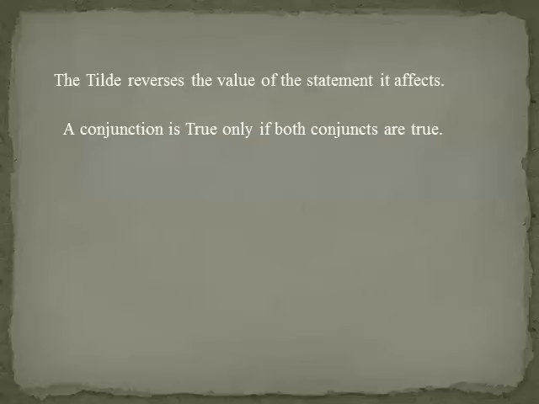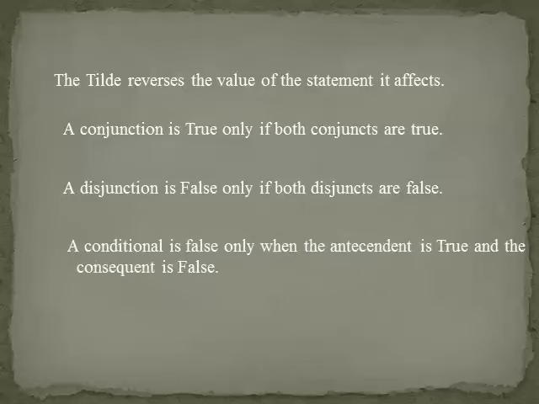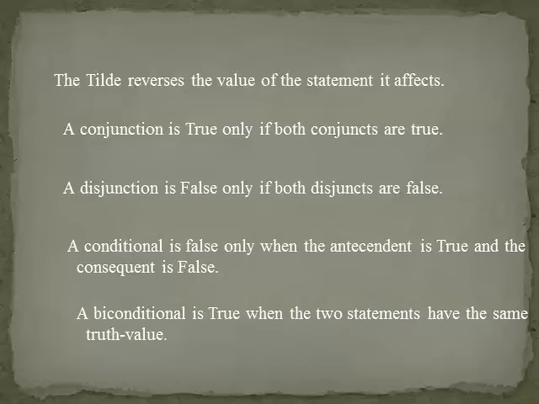A conjunction is true only if both conjuncts are true. Otherwise it's false. A disjunction is false only if both disjuncts are false. Otherwise it's true. A conditional is false only when the antecedent is true and the consequent is false, otherwise it's true. And a triple bar is true when the two statements have the same truth value, otherwise it's false.